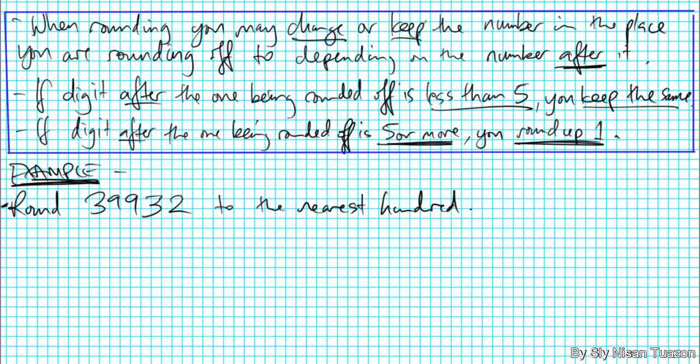So, hopefully you've experienced this before, but if not, here's the basic rule. When rounding, you're going to be changing or keeping the number in the place that you're rounding off to. So if you're rounding to the nearest 100, the hundreds column is 2 to the left of the decimal point. So you're looking at that number, that's the one that you're going to change or keep. And whether you change or keep it always depends on the number after it.